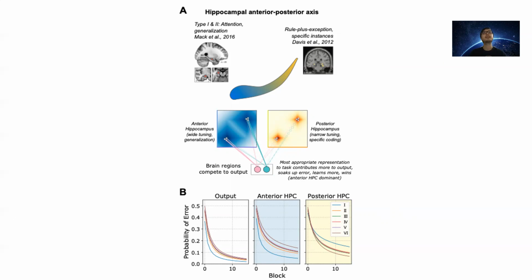And so some types like type 1, which requires attention, benefits from this wide tuning, whereas type 6 and these rule plus exception types have a benefit from a narrow tuning. So you can see that we can also simulate this in 2 banks of neurons, which causes some output. And this matches human fMRI data with anterior versus posterior hippocampus.